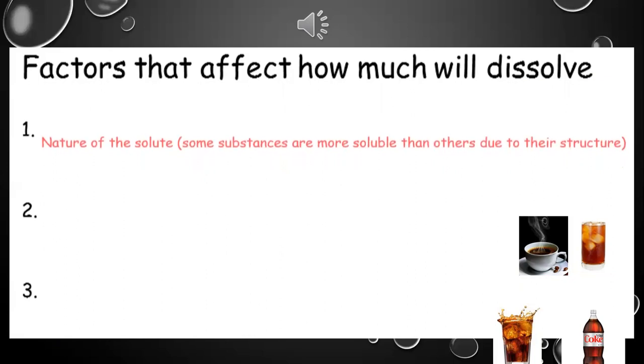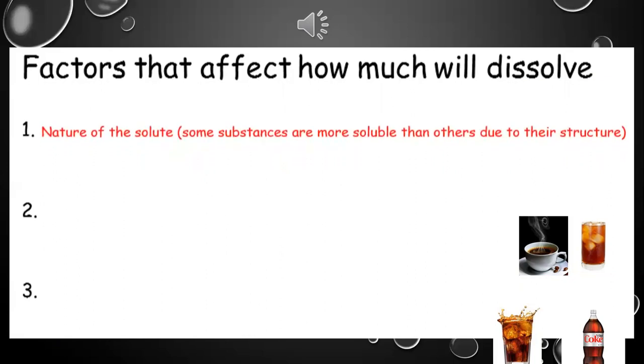And you wouldn't necessarily be able to predict this without more information, but what you do have available, remember, is Table F. And Table F is going to be able to tell you whether things will dissolve or not in terms of ionic compounds. So you can always check that out, and you can see which ones are going to be more soluble than others.